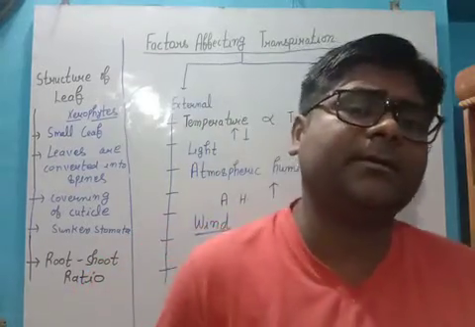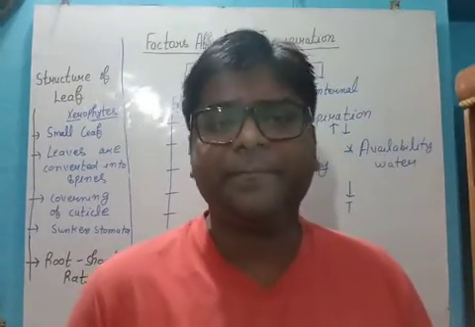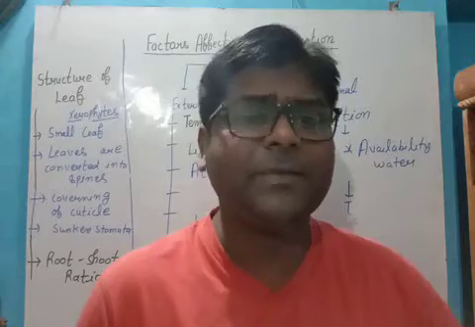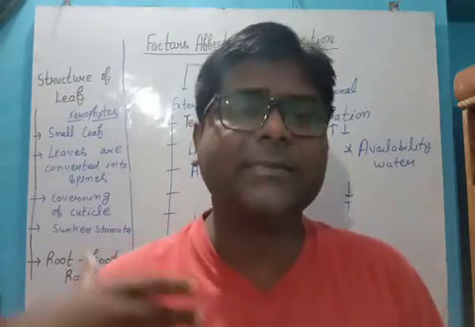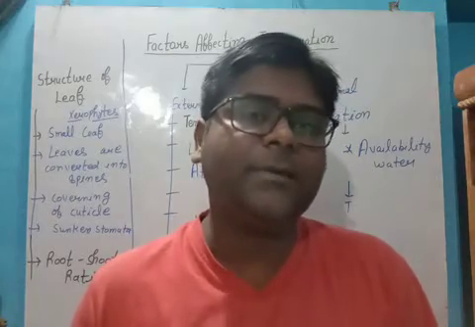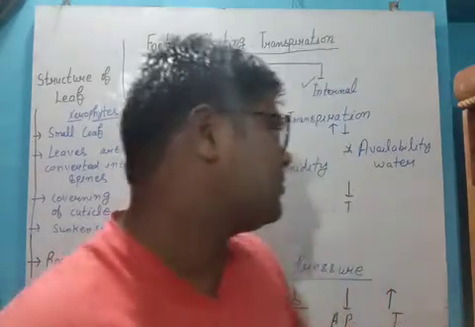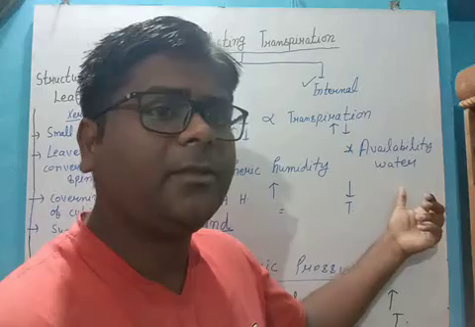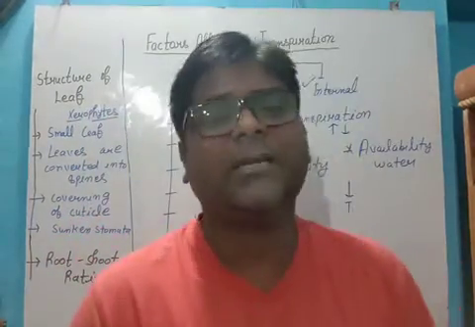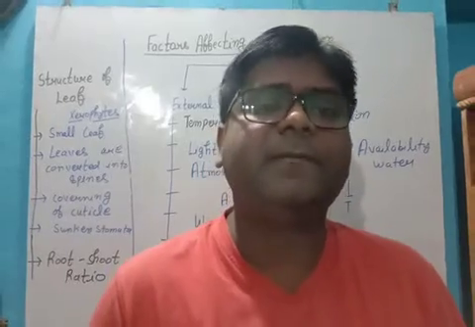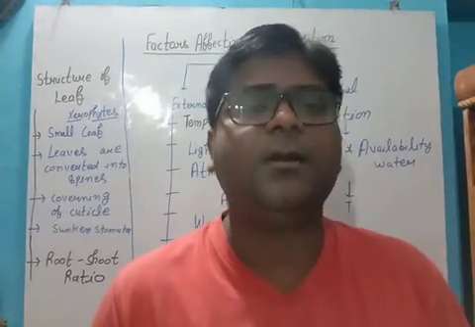We can understand it in terms of money. When we have money, we can spend and buy things, and when we do not have money, we can't buy. So when water is available, the root can absorb, and then we have transpiration. These are the factors, external or internal, we discussed.